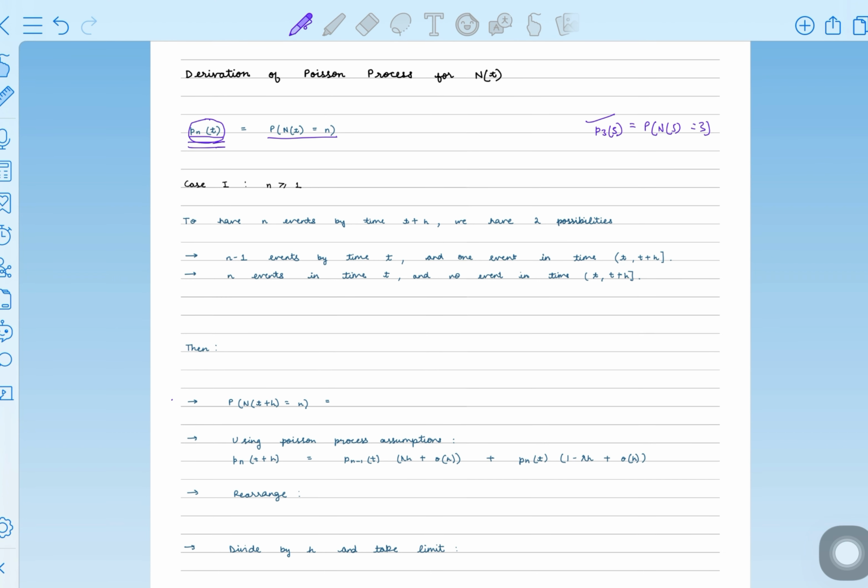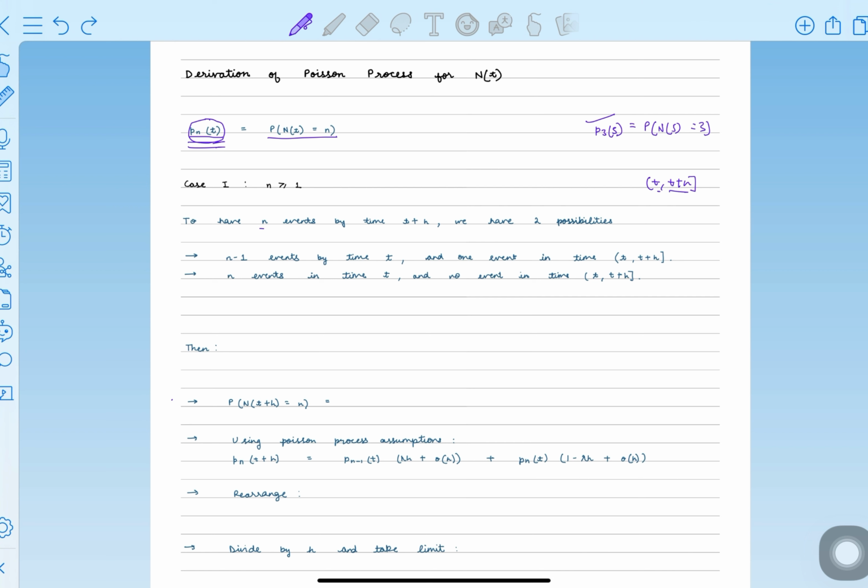To do this, we study what happens during a very small extra time interval, t to t plus h. Here, t is the current time period and h is a very small interval, so we move from this time period to this time period. We begin with our first case, where n is greater than or equal to 1. We first handle the case where the number of events is at least 1, because this allows 2 possible ways to reach n.